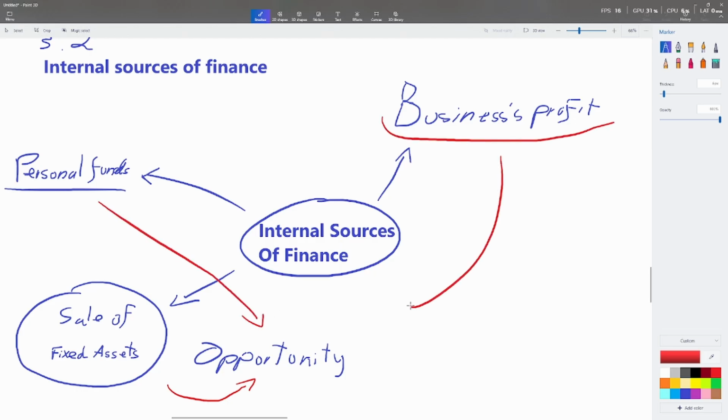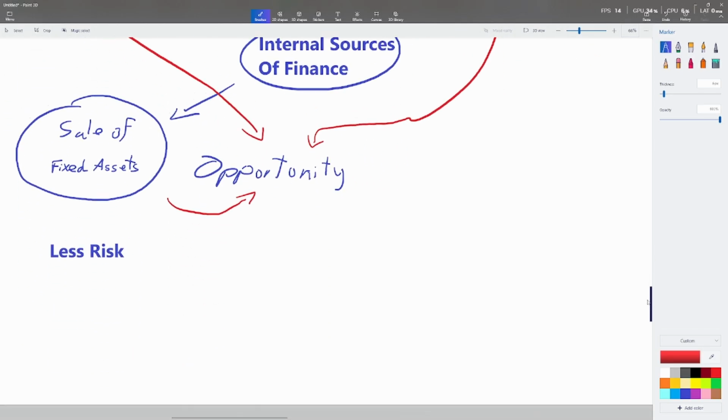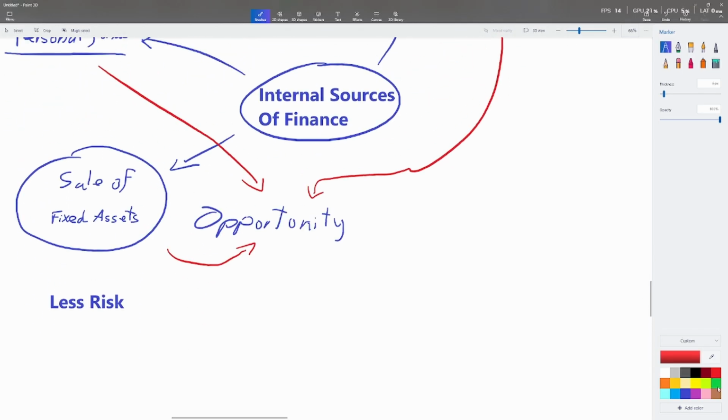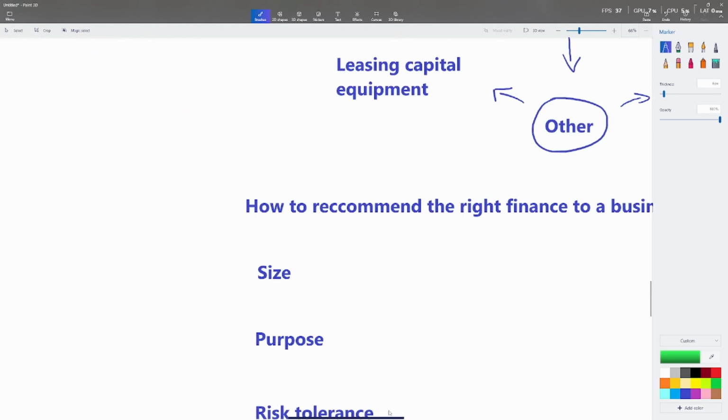And the same is true for the business's profit. You understand whether it's best to reuse the profit or give it back as dividends to the shareholders. And if you're using internal sources of finance, the best part is that you have much less risk than with others.